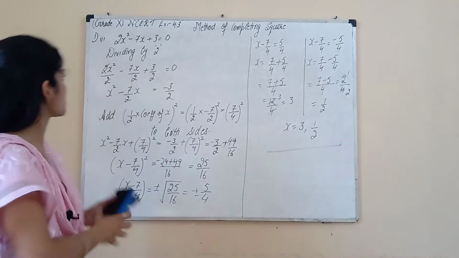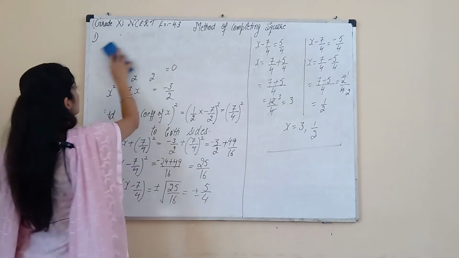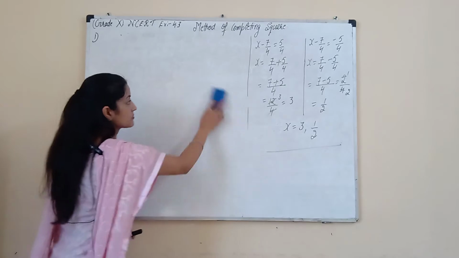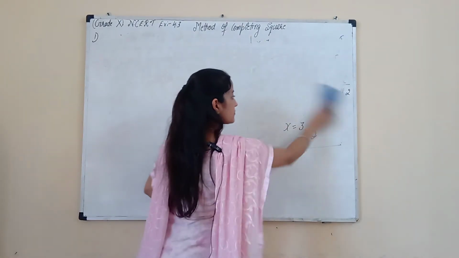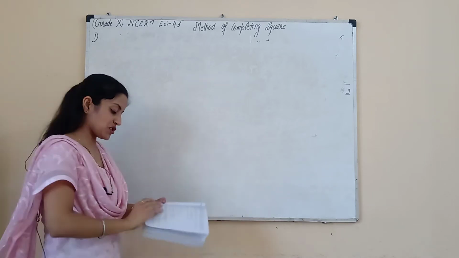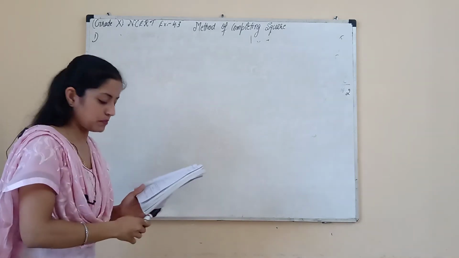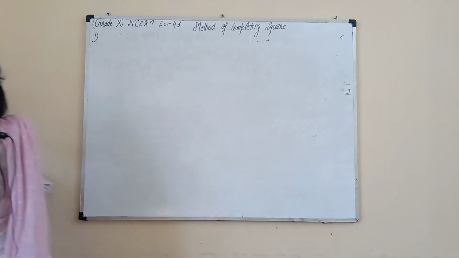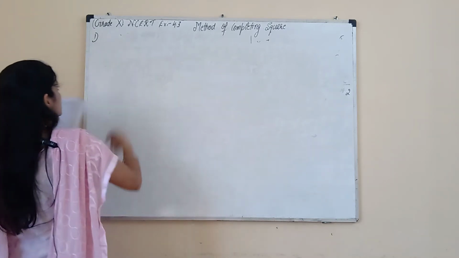So our second equation is, write down the equation, that is 2x square plus x minus 4, equals 0.